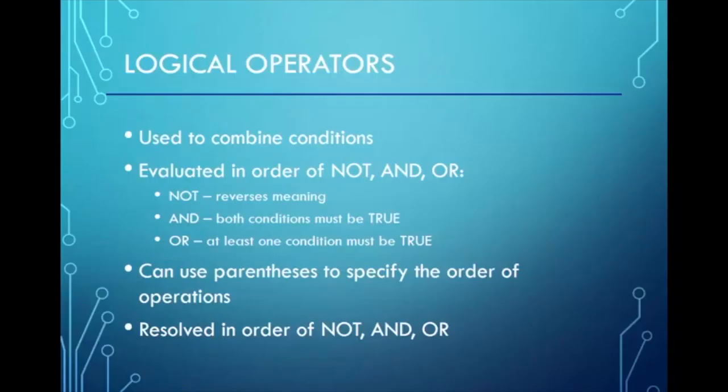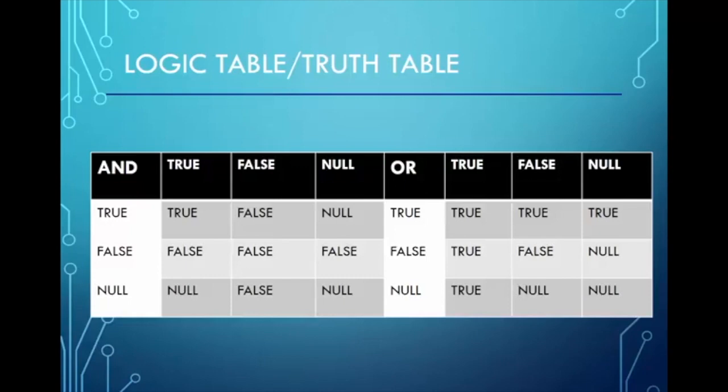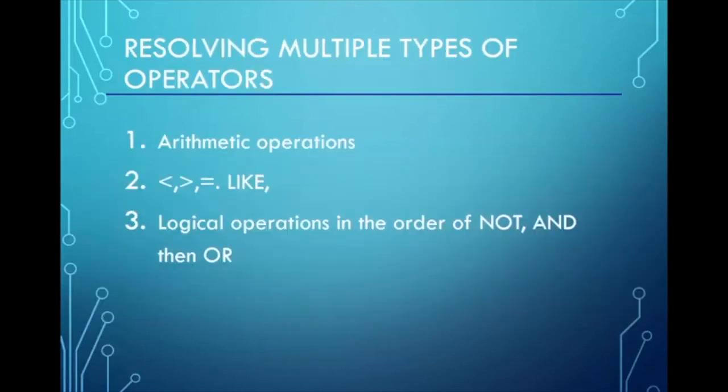So when working with these, this is a truth table, if you've never seen one of those. With an AND operation, the only way that the data will be returned is if both conditions are true. With an OR operation, the only way that data won't be returned is if it's a null result or if both conditions are false. So when you've got multiple types of operators, the order that things get resolved is first the math.